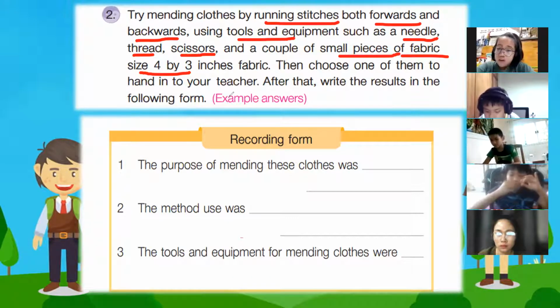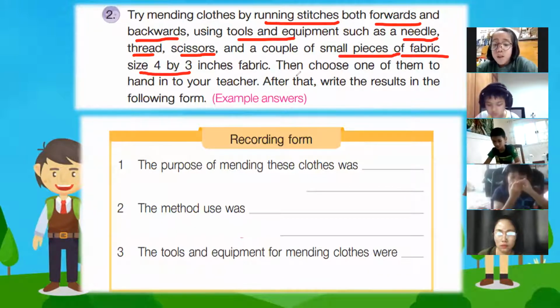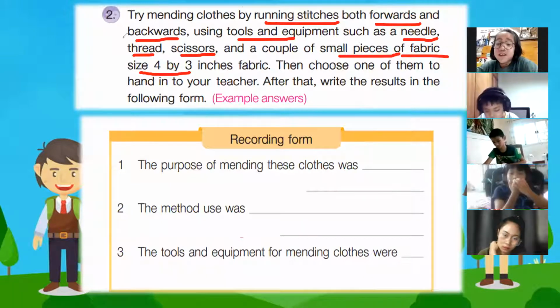So if you have already done that, you have to show your teacher and tell the result. What is the result? So would you do that, students? Are you ready to do stitching by yourself? Yes. Okay, we are going to try that today.